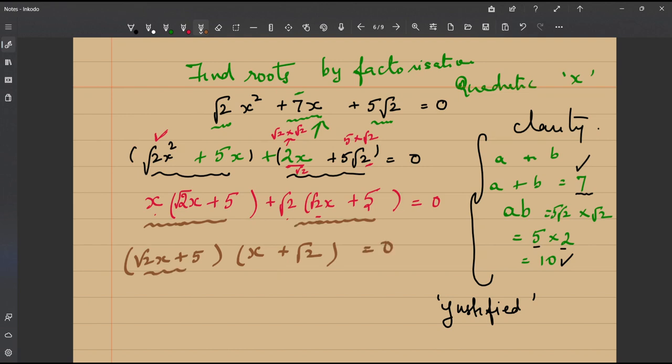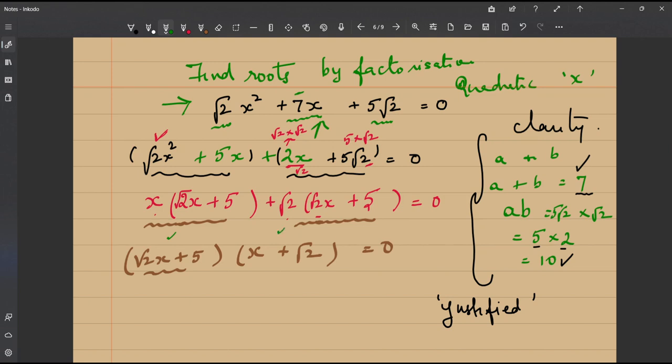So once again we have not altered the equation even a bit, it still stands the same. At the same time it has been factorized. Your quadratic root 2x squared plus 7x plus 5 root 2 has been factorized into two terms. This is your first term and this is your second term.